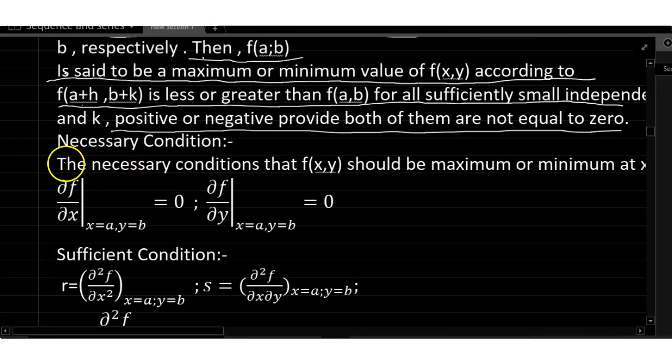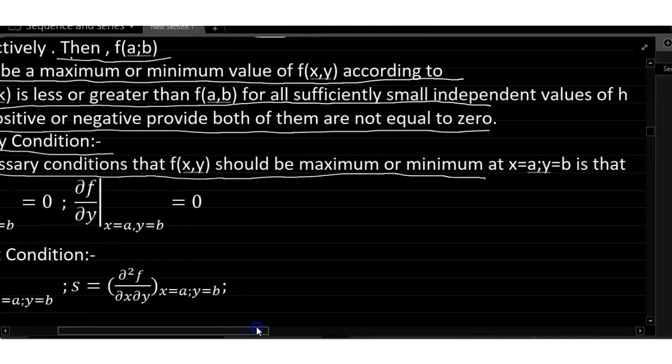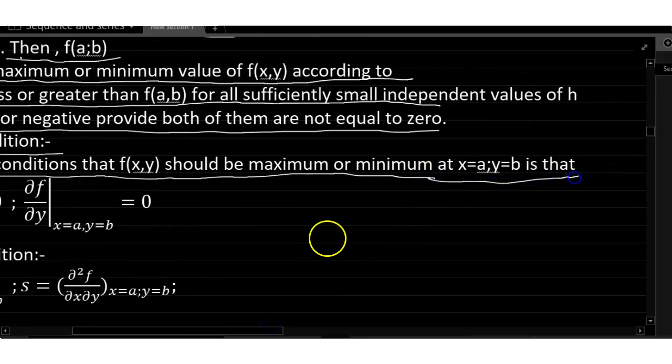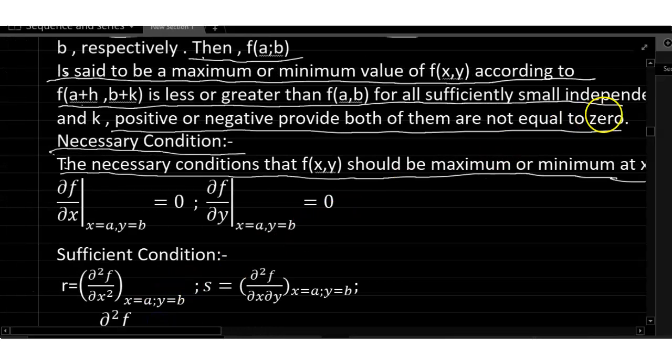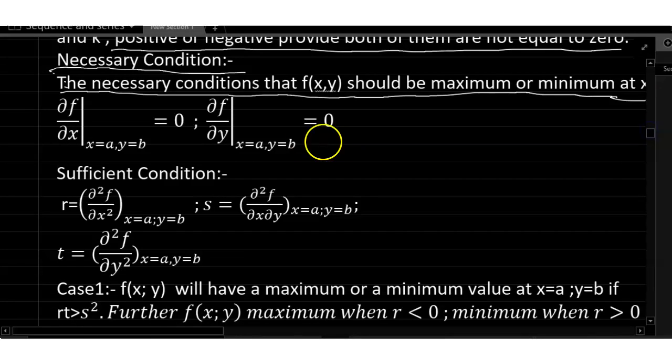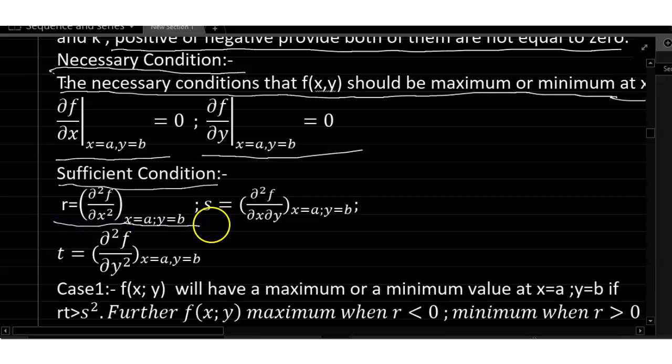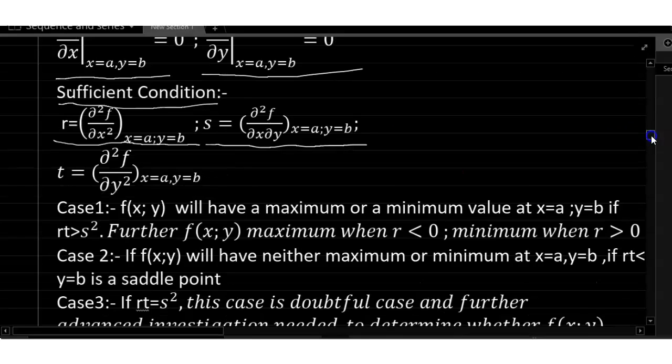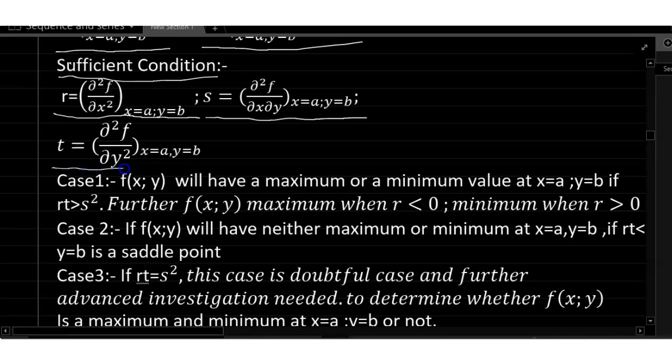So the necessary condition is that for f(x,y) to be maximum or minimum at x equals to a, y equals to b, del f by del x equals to 0 and del f by del y equals to 0. And the sufficient condition is that r equals to del square f divided by del x square, s equals to del square f divided by del x into del y, and t equals to del square f by del y square.